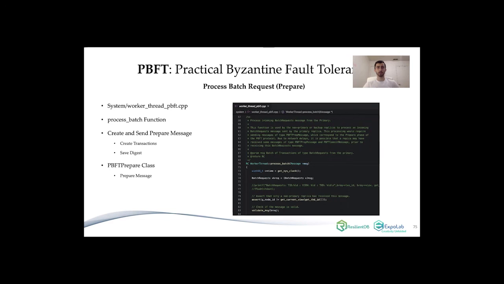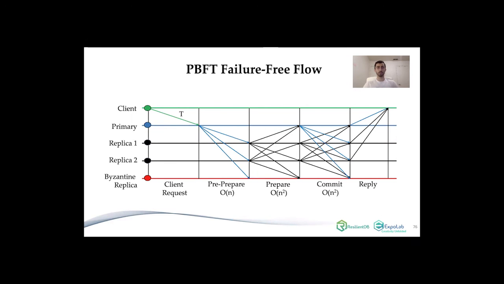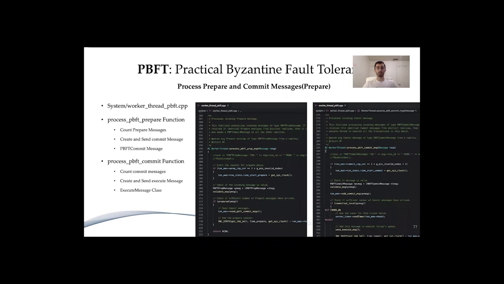So after the pre-prepare message or batch request message, it comes to prepare and commit messages. As you can see in the flow of PBFT, we have prepare and commit messages. Once nodes in the system get the pre-prepare message or batch request, they will send prepare and commit messages. Corresponding to each of these messages, there's a process function, for example, process PBFT prepare message and process PBFT commit message.